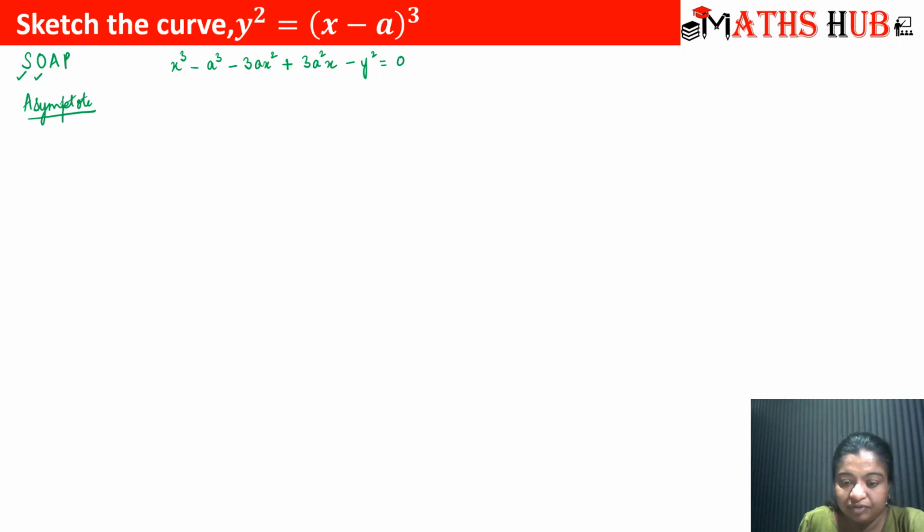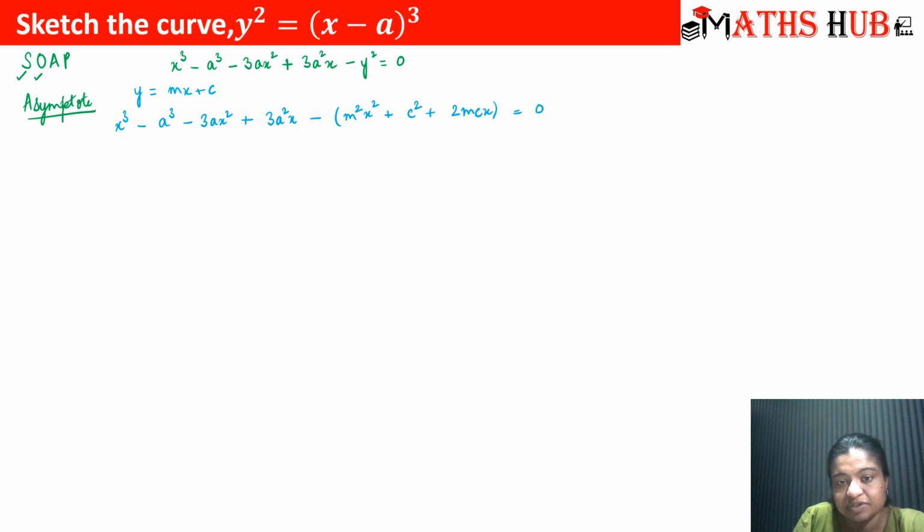Now let us try to figure out whether it has an oblique asymptote or not. So we will put y is equal to mx plus c. So from here we will get x cube minus a cube minus 3ax square plus 3a square x minus, let's put mx plus c, so I'm just squaring it up, m square x square plus c square plus 2mcx is equal to 0.